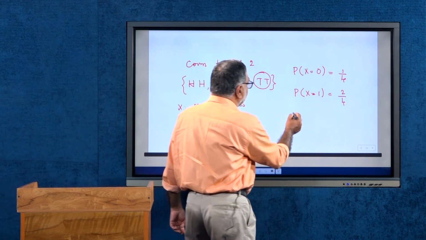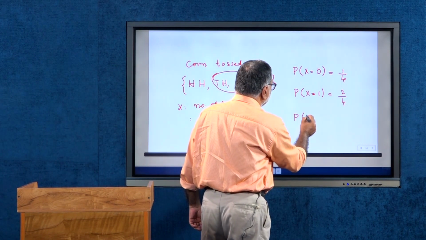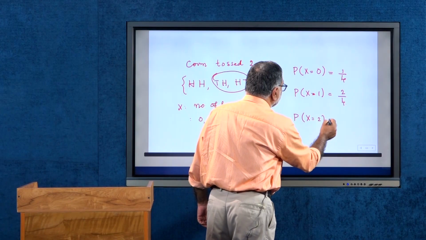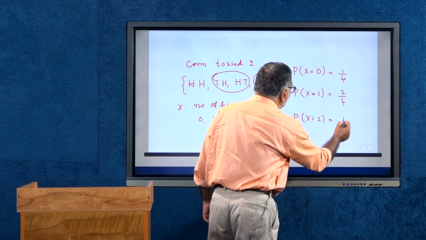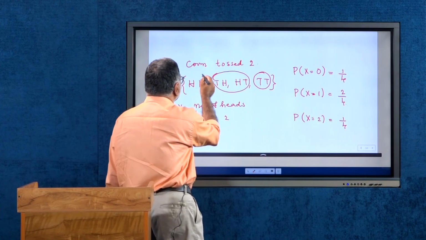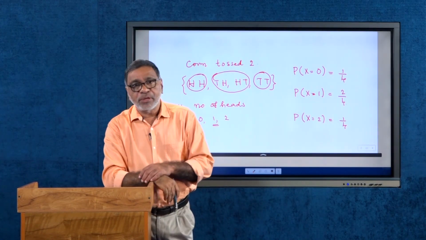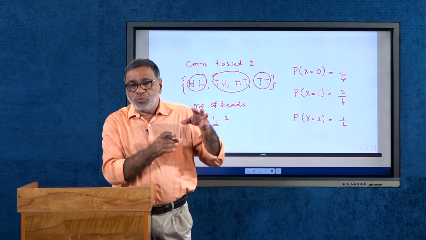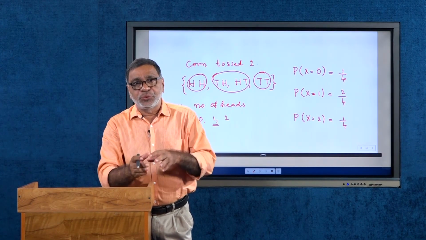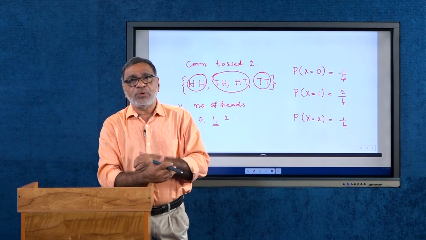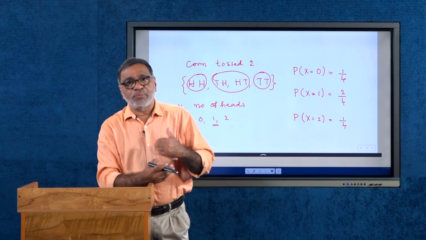So there are 2 favorable cases out of 4. Similarly, the last value of random variable x is 2. Probability of x is equal to 2 is 1 divided by 4, because only one case is favorable for 2 heads out of 4. So when x is equal to 0, 1, 2, the corresponding probability values are 1 by 4, 2 by 4, 1 by 4.